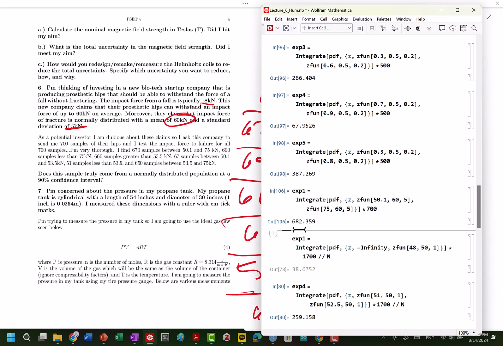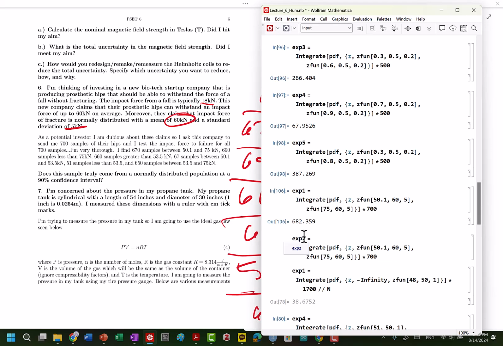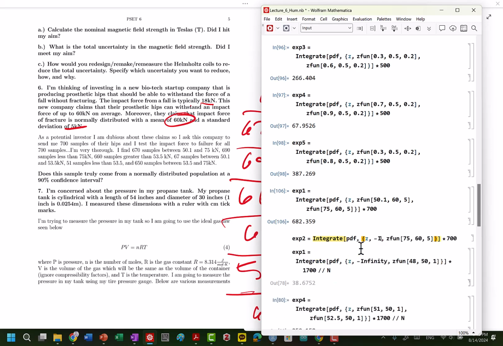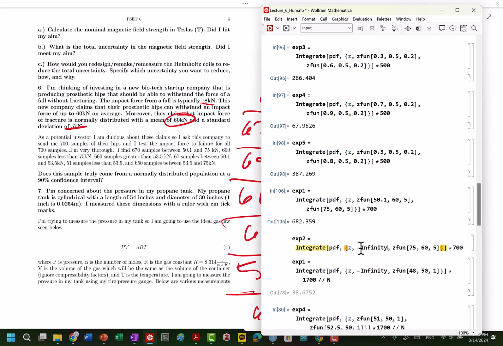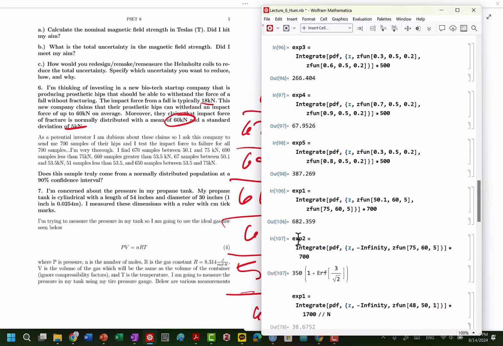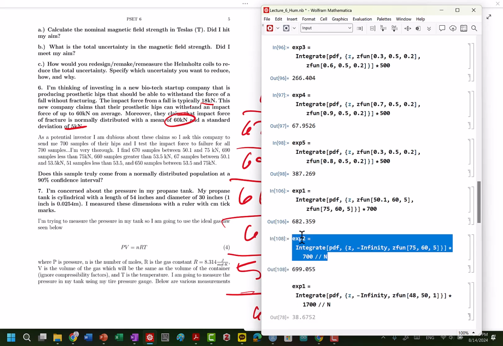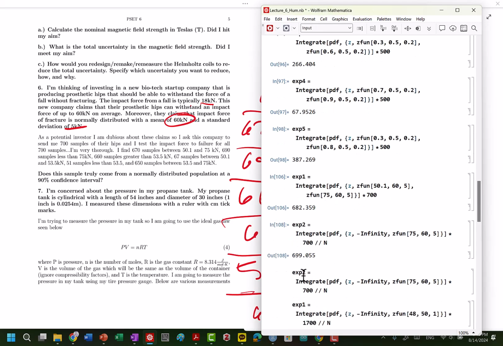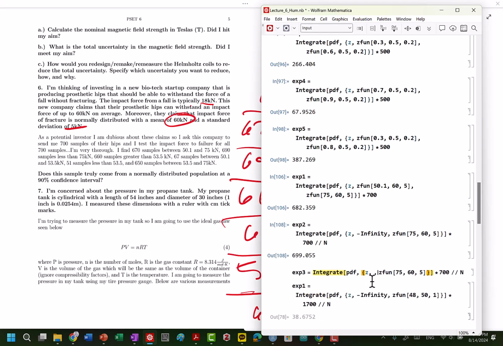You can copy and paste this. Expected 2, less than 75. So actually, I'm going to keep this. So I'm going to go minus infinity to this. Let's look at this numerically. Good. And then we're going to have expected 3, which is greater than 53.5. So let's go back. Actually, I'm going to just delete this. 53.5, yeah.